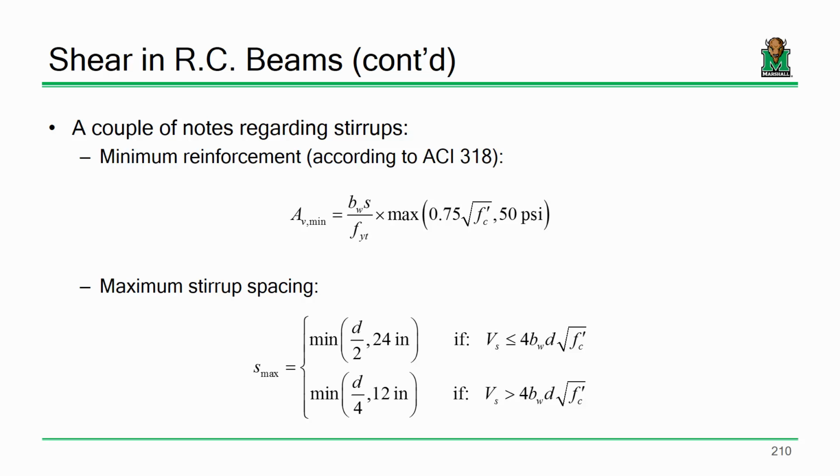When you do stirrup design, you tend to do your stirrup design based off of a minimum spacing and a maximum spacing. Your maximum spacing is a function of your shear strength of your steel compared to this upper limit of the capacity of the concrete.